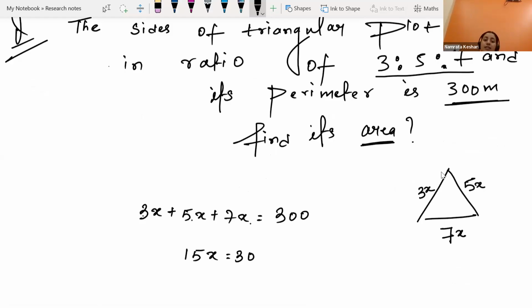Easily we are able to find the x value, that is 300 by 15. Please reduce it and tell me what we are going to get. 20 meter. Meter is given, 300 meter is there, so x is 20 meter.